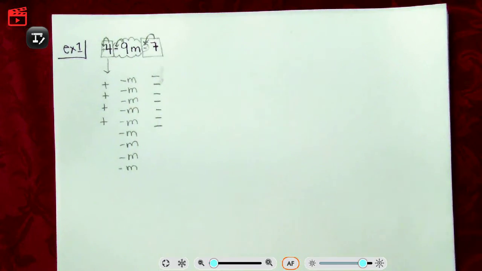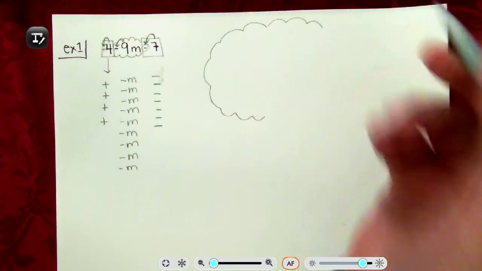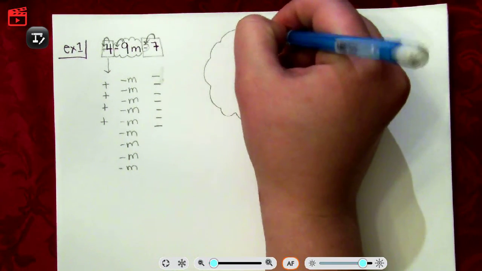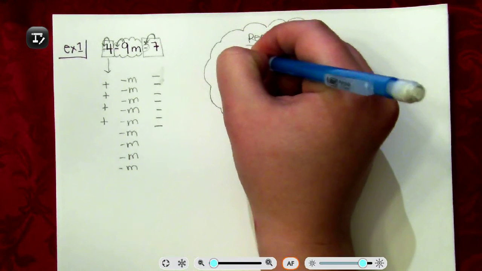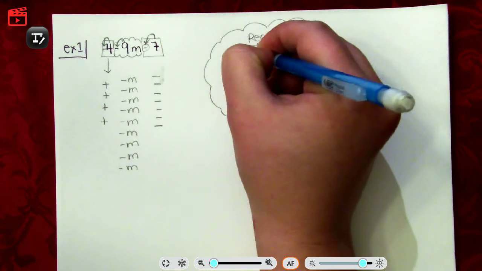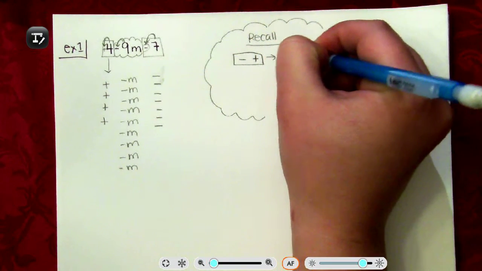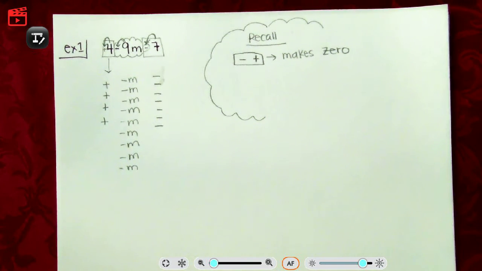Now, here's the thing that we need to recall. This is super duper important to recall. A negative and a positive together make 0. So anytime you have a negative and a positive, that creates a 0.